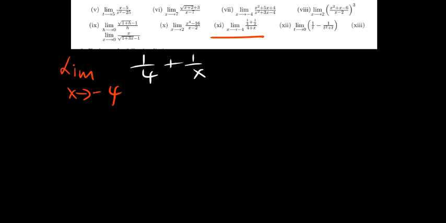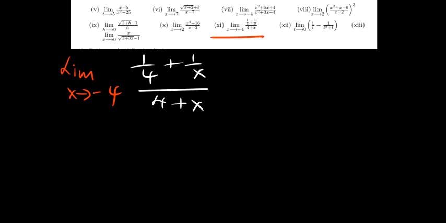So we're now on question number 11. You have the limit as x approaches negative 4 of (1 over 4 plus 1 over x) over (4 plus x). So how do you handle this one?